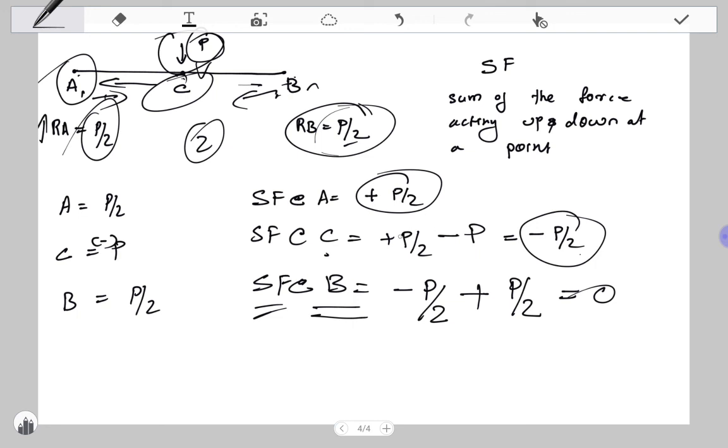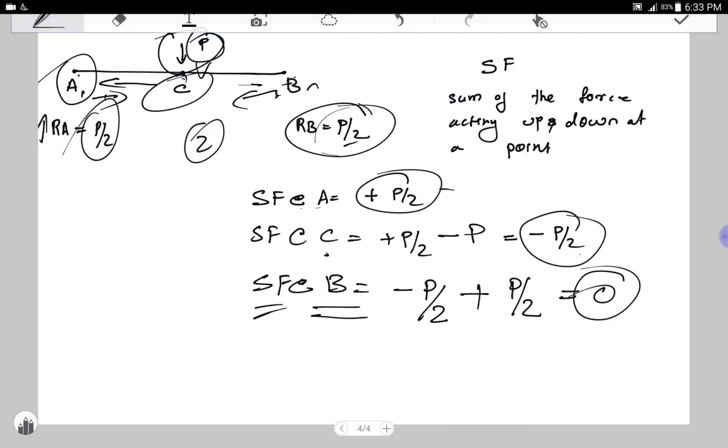So finding this SF is not good enough. We need to draw a chart or diagram, a graphical representation of how the SF is plotted. So for that I will be deleting some of this.